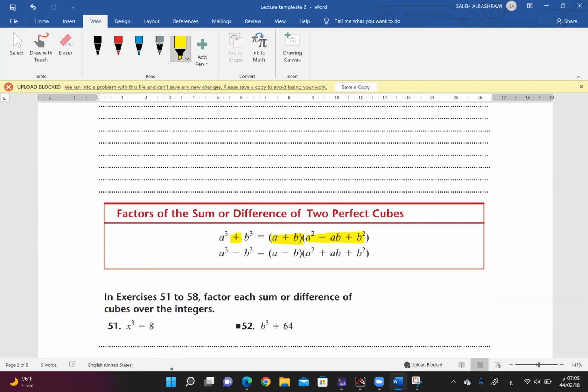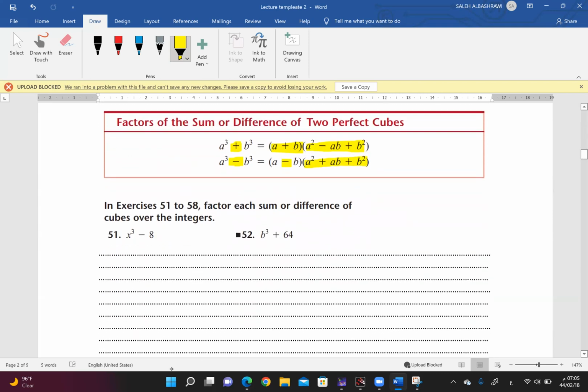If it is a to the power 3 minus b cubed, the difference between two cubes, I will have a minus b, keeping the minus in the first one, multiplied by a squared plus ab plus b squared. This is how to factor the sum or difference of two perfect cubes.